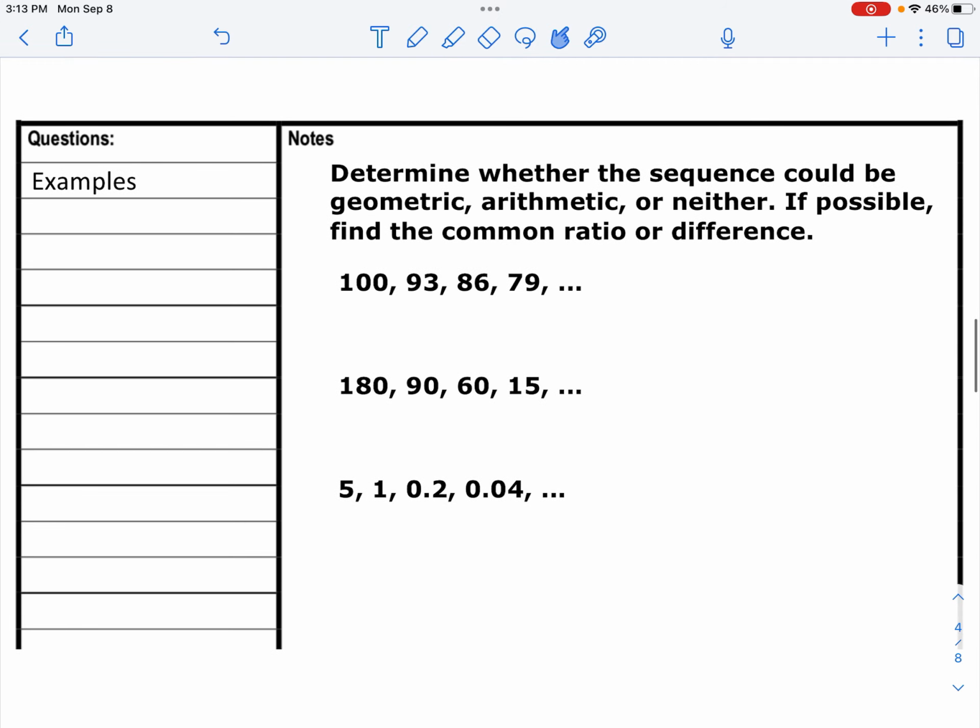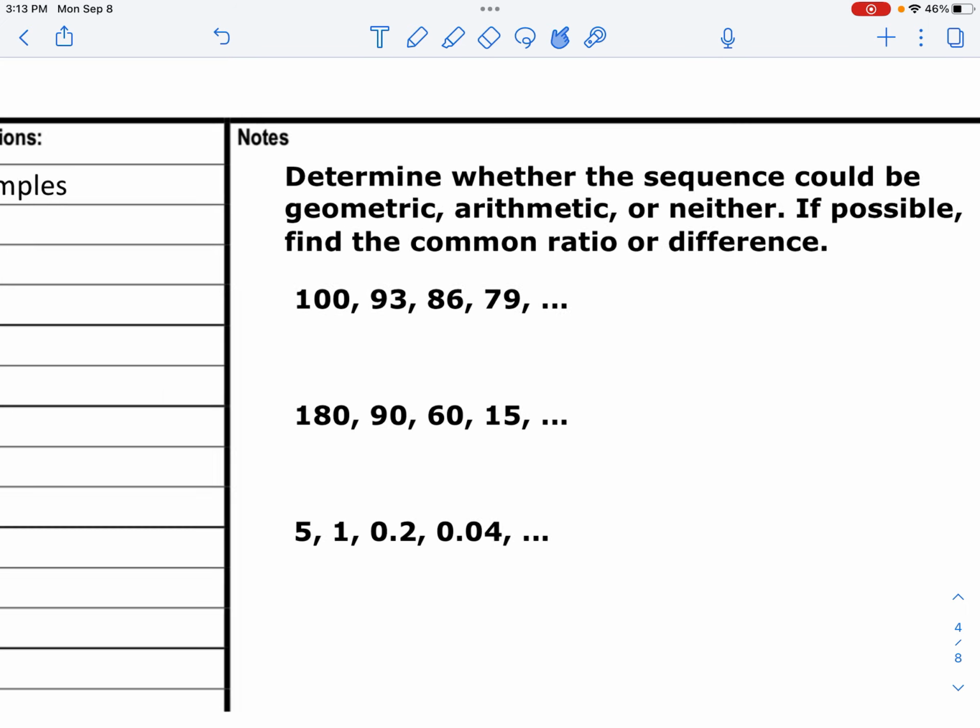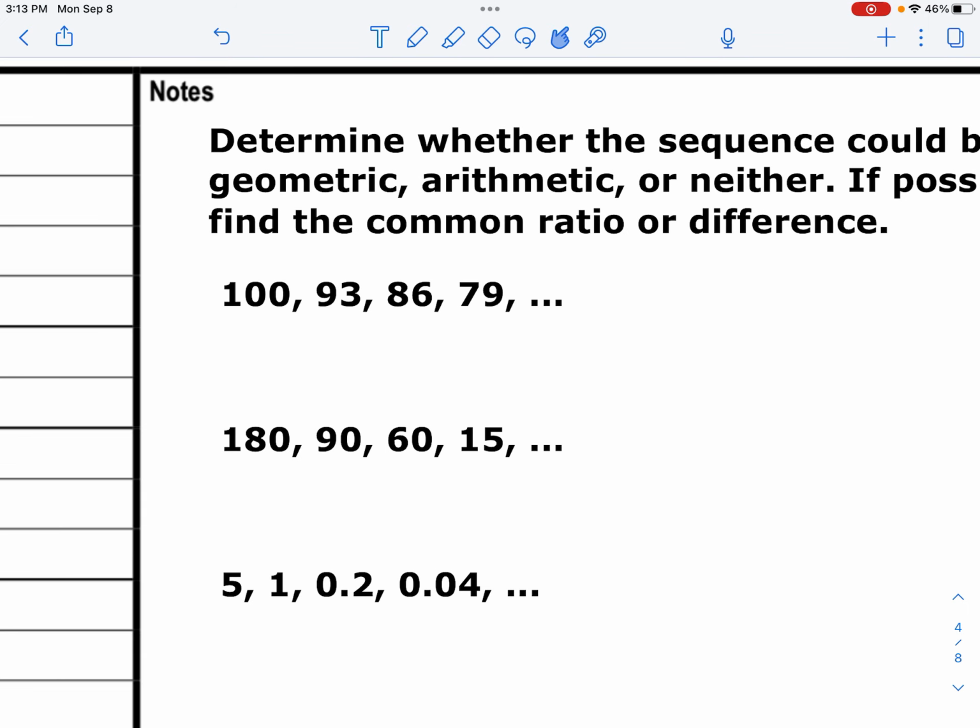Okay, so we want to be able to distinguish between a geometric sequence, an arithmetic sequence, and if it's neither one of those two things. So it says do that, and then if possible, find the common ratio or difference. Here, I notice that this is decreasing, and it looks like it's decreasing by 7.